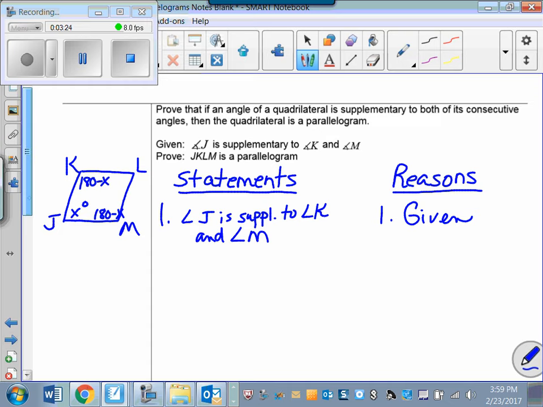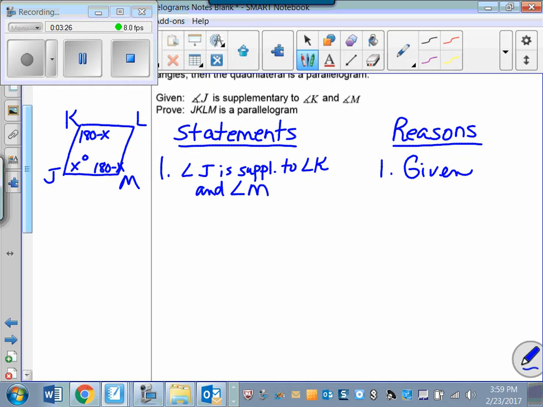All right, so let's see if we can draw any conclusions based on that. Look at this. If these two angles here, J and K, are supplementary, then what does that tell me? Doesn't that tell me that KL and JM are parallel? I believe so. So let's document that here. KL is parallel to JM.